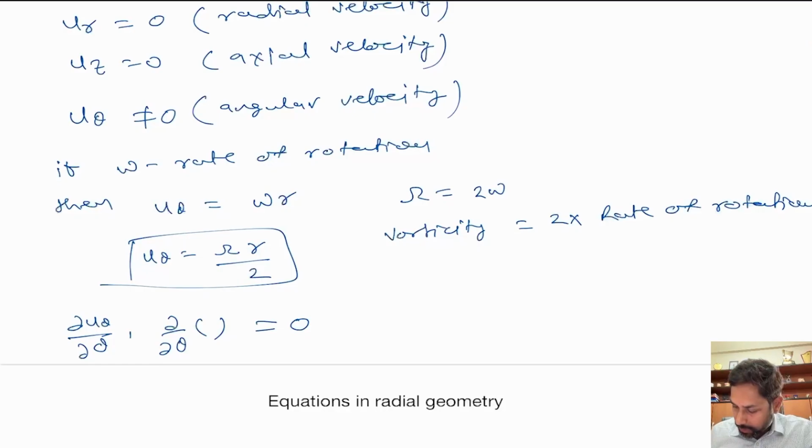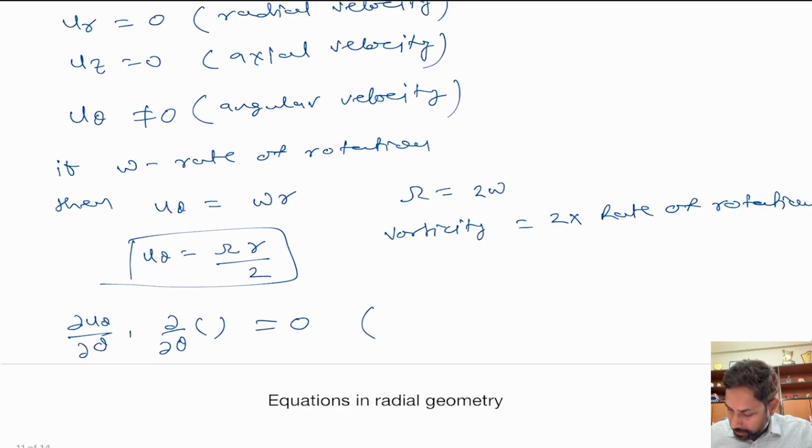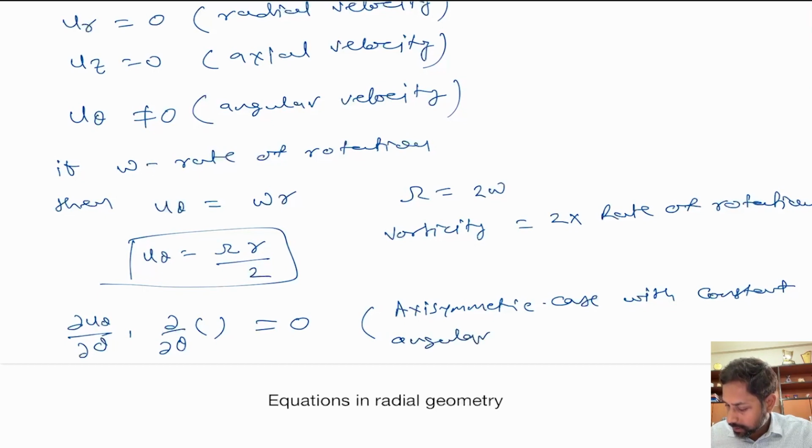Okay, so this is an axisymmetric case with constant angular velocity, right?